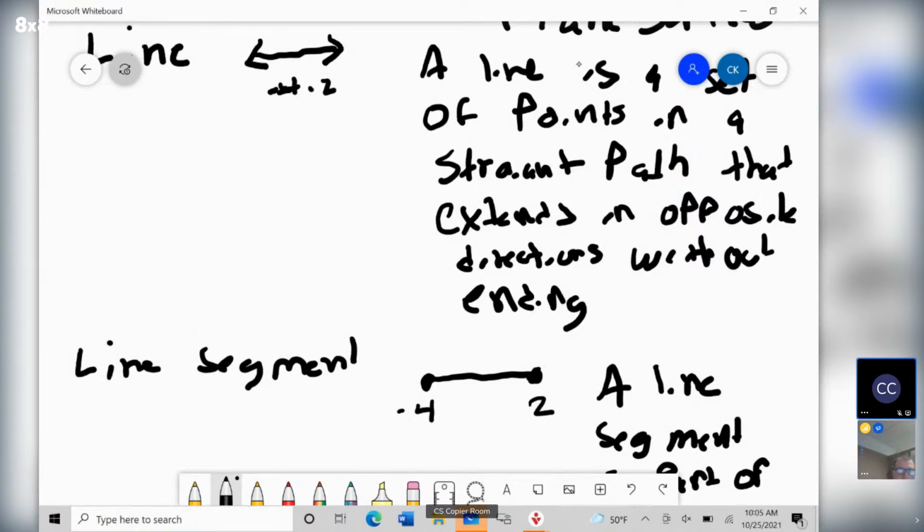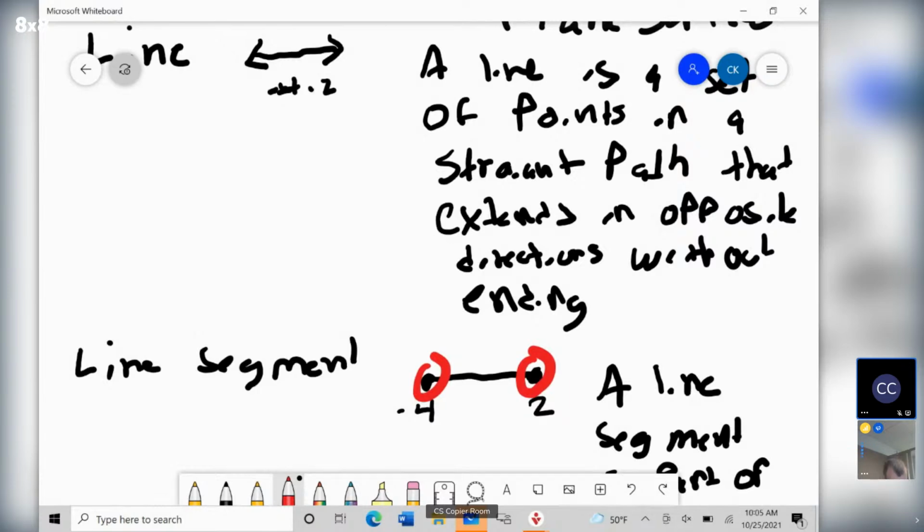There's no dot at the end of this one. It's got arrows, so it might cross over -4 and 2, but it keeps going. A line segment specifically stops. Well, it starts at -4, ends at 2. Okay, and the indicator is going to be these 2 dots. So a line segment is going to have those dots. A line has an arrow.